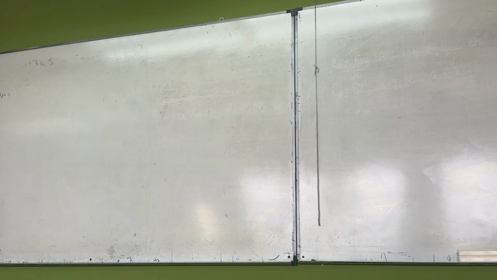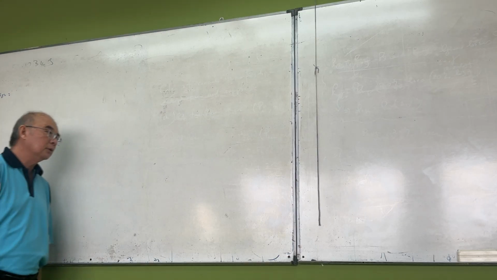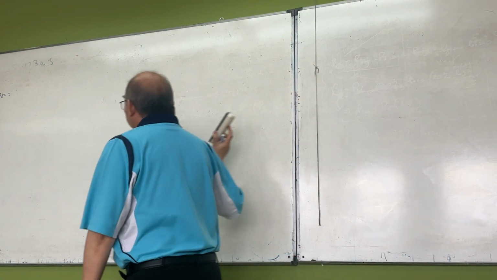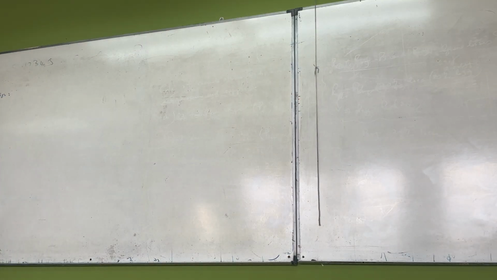Let's say the height is 3 meters. The wall thickness, let's say, is 200. So this I'll give you, and then I'll give you the soil property. The unit weight of the soil, let's say 18 kilonewton per cubic meter. And I give you the Ka, which is the active earth pressure coefficient, let's say 0.33.